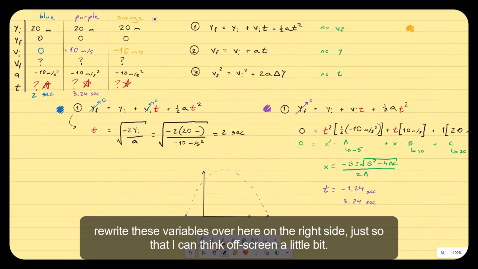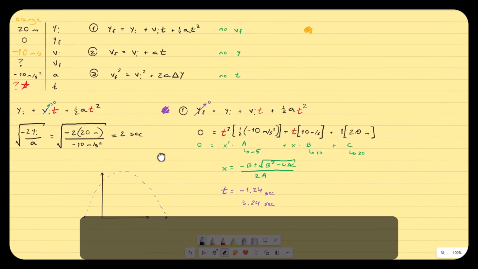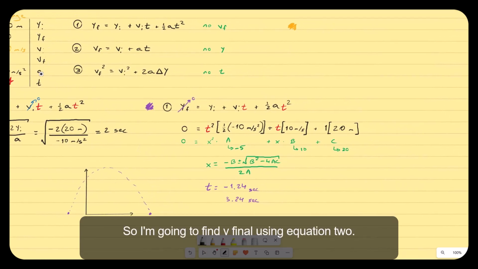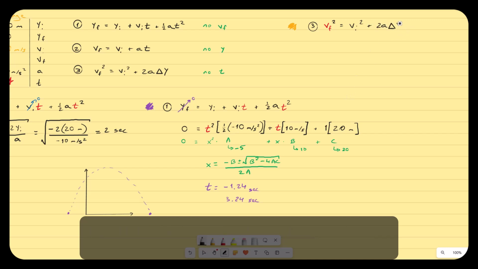I'm going to rewrite these variables over here on the right side just so that I can move the thing off screen a little bit. So I'm going to find v final using equation 3 rather. I'm going to say v final squared is v initial squared plus 2a delta y, and I can just plug in already, right?